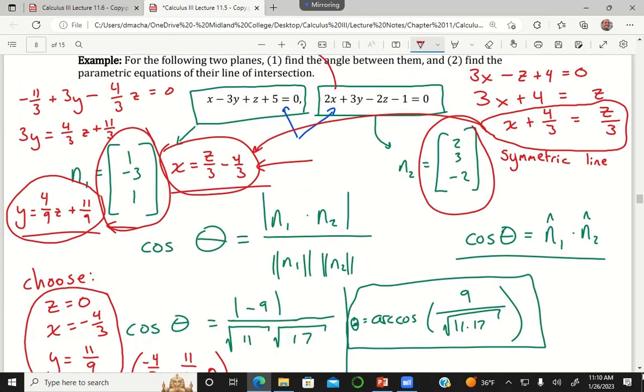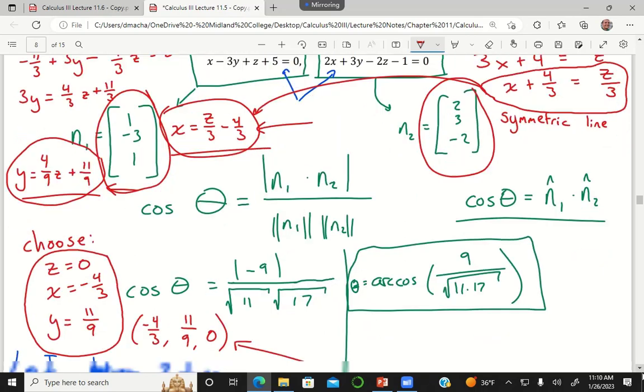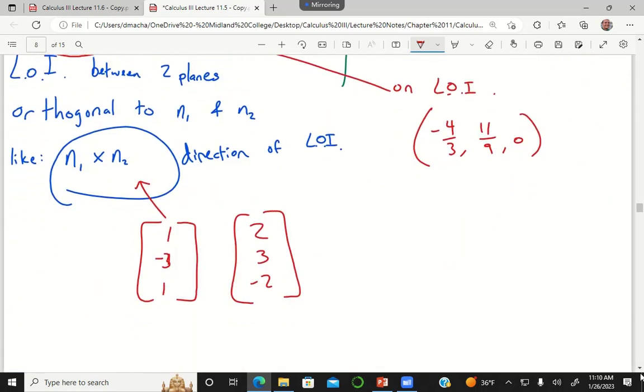Just make sure I copied those correctly. Yep. Okay. So in this cross product, I have to find the determinant of this matrix.